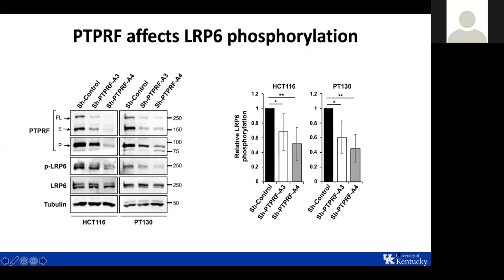Can I ask a question? How do you think the tyrosine phosphatase LAR affects LRP6 phosphorylation? So it's not direct, because this is serine threonine phosphorylation, and RF is a tyrosine phosphatase.